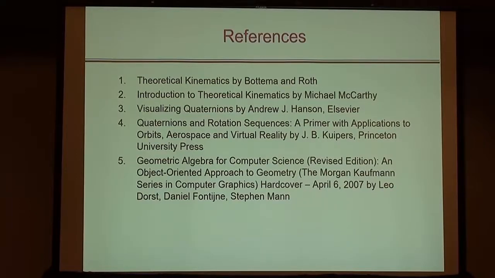Then of course the second one is by Professor Mccarthy. It's an intro, because the first one is so deep. We need an intro, and Mike has done that. Then there are also additional books on Quaternions, not necessarily from the kinematics community, but from others.